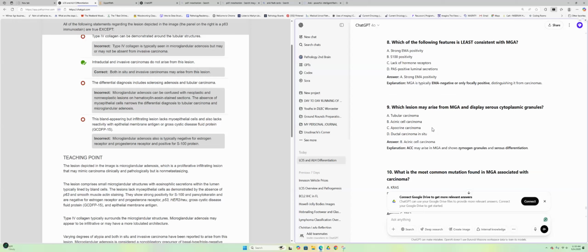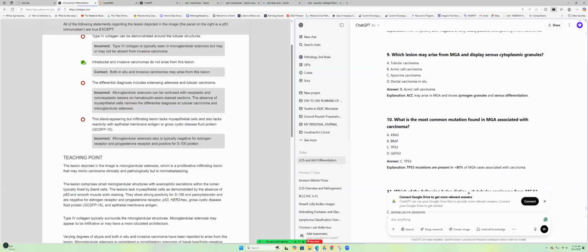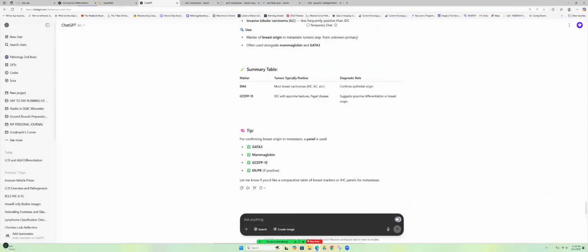You find that in tubular carcinoma. Yes. Which lesion may arise from MGA and display eosinophilic cytoplasmic granules? Apocrine carcinoma. Is apocrine carcinoma positive for GCDFP, gross cystic disease fluid protein 15?